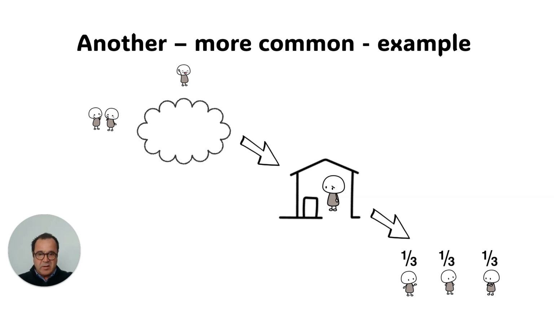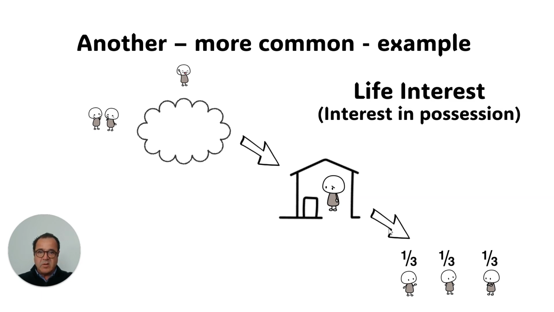But when she is gone, then I would like the money to be divided equally between my three daughters. This is called a life interest, or sometimes more formally interest in possession, and it's quite common.